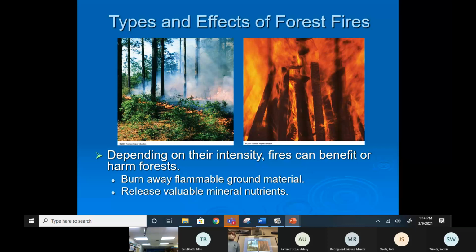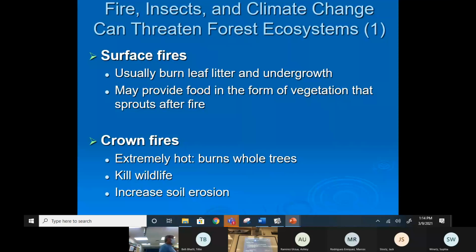And hopefully that's going to make sure that fewer trees get killed by that fire. It also returns minerals that were in the bushes and in the dead limbs and pine cones and things. It returns those minerals back into the soil. So you should know the difference between a surface fire and a crown fire.